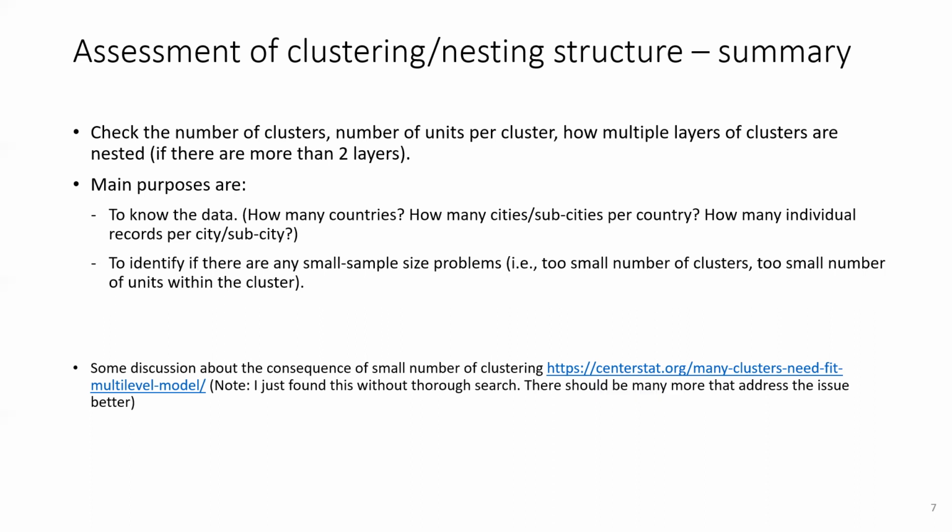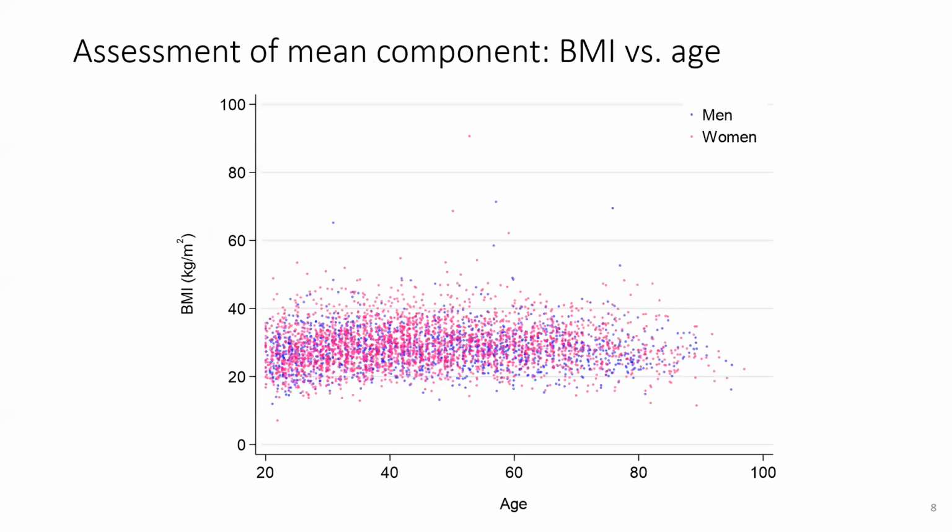So the next thing is how to assess the mean component. I mentioned that in this study we are interested in age, sex, and population size. Here we are looking at the association between age and BMI.